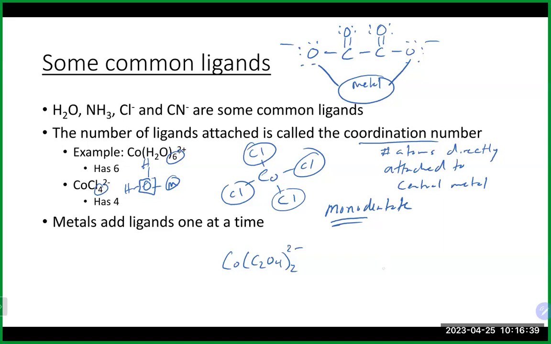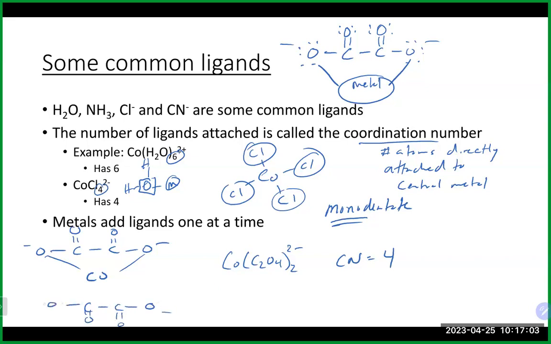What would happen is the coordination number here would actually be 4 and not 2, and that is because basically our cobalt would attach there, and then we would have a second oxalate molecule.